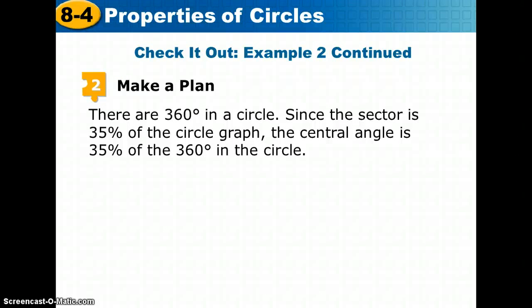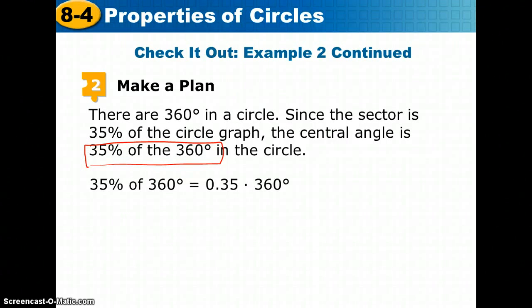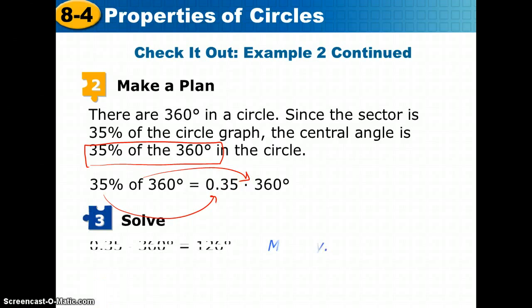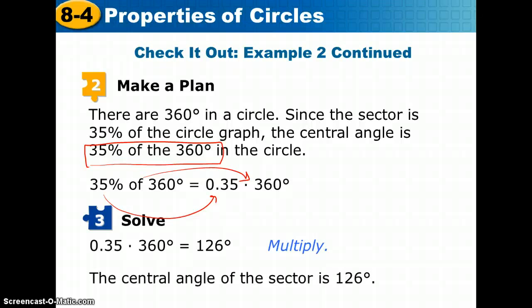So 360 degrees in a circle with a 35%. What do we do? Turn that into a problem with percent becoming decimal, of becoming multiply. And we solve it and get 126. So the central angle measure was 126 degrees.